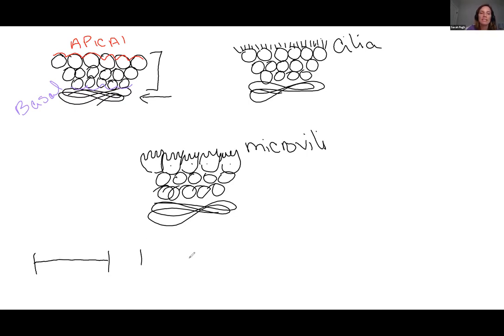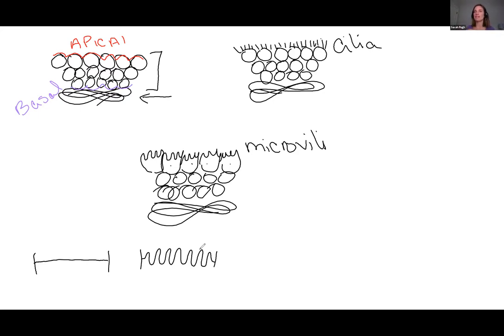But if I have the same 2 inches, but instead I take that string and I go like this, well, I have a much greater surface area, don't I? Because if I were to stretch that string out, it's not just 2 inches, it's really 4, right? And that's what microvilli do, is they actually help to increase the surface area.